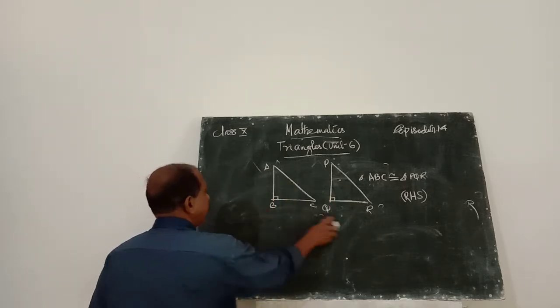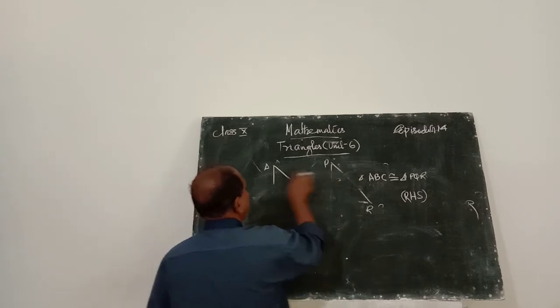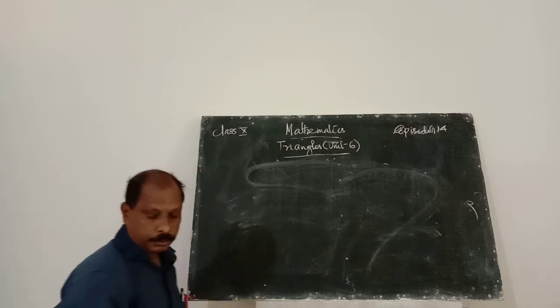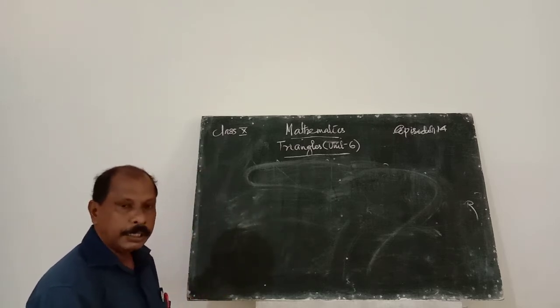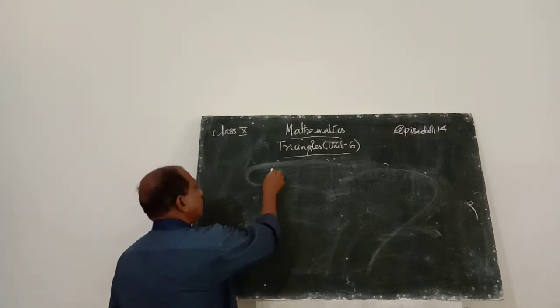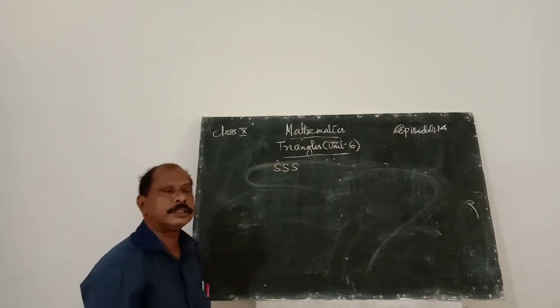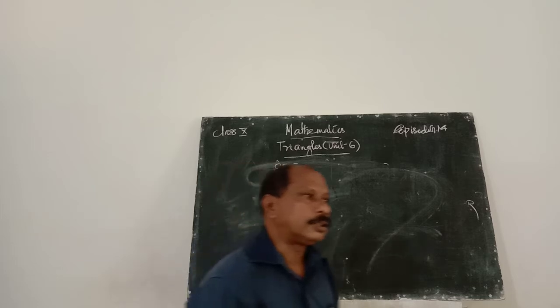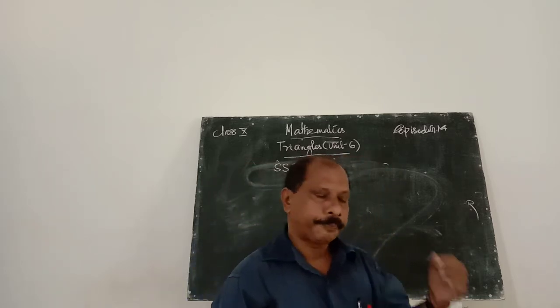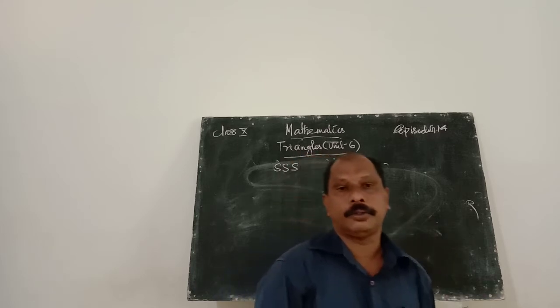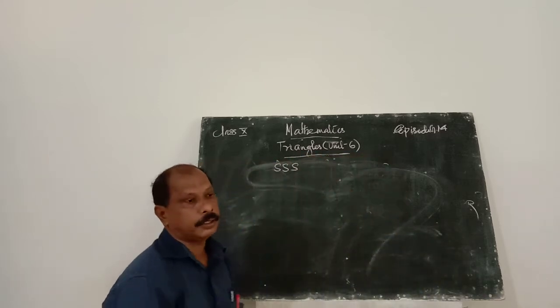Then again let us consider two triangles. These two triangles are similar. That means SSS criteria for similarity. What is it? Three sides of a triangle are proportional to the corresponding three sides of another triangle.